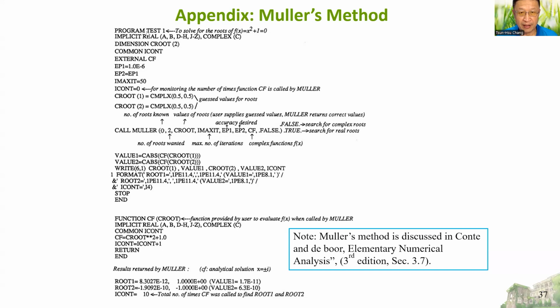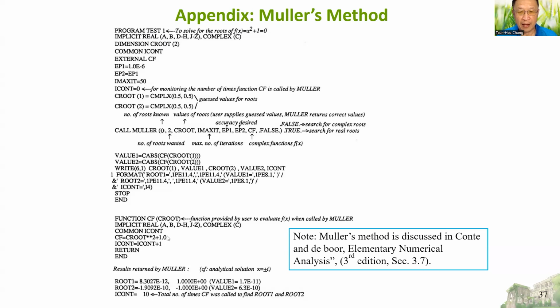So the program tests solving the roots of f of x = x squared plus 1 equals 0. Then we use the Muller method and substitute everything to get the result. Eventually, we got the solution. Of course, it's positive and negative i.